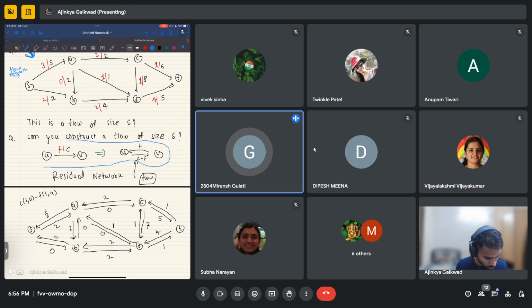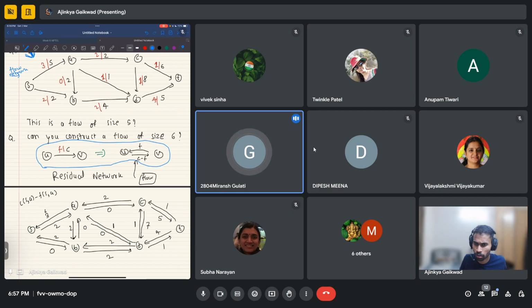I wanted to ask that in A to C, we have to take into account that the capacity is always greater than the flow f, right? So in A to C, it has to be strictly greater than that, right?